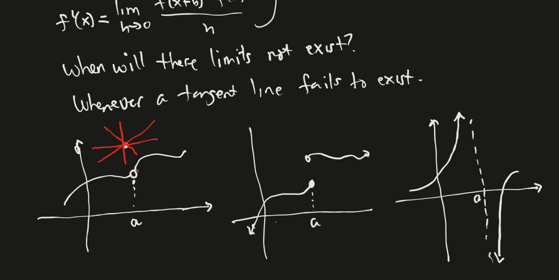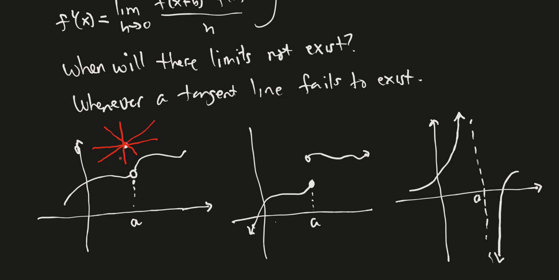Either you have no tangent line at all, or you have too many, which in this case would be ambiguous, because then not almost, but everyone in the world would be able to draw a different tangent line with a different slope. So it wouldn't be well defined, right?